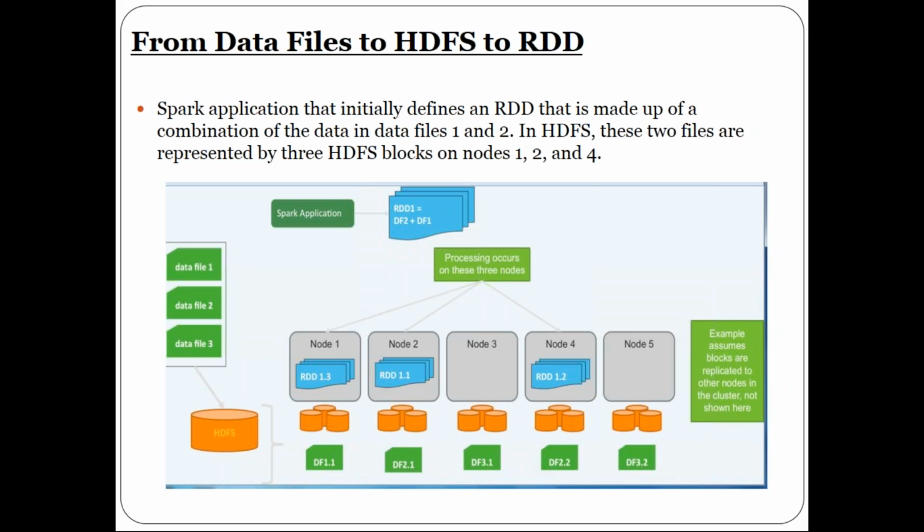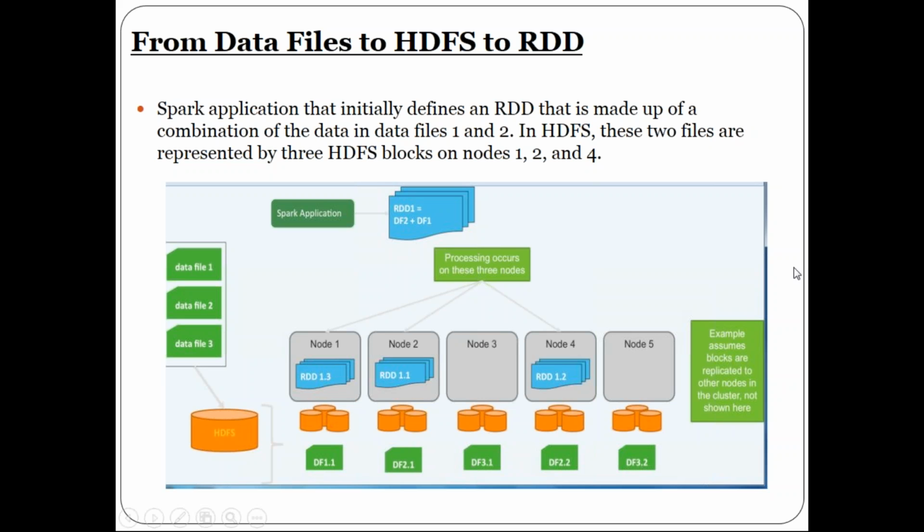In this diagram, your data file 1 is sitting in node 1. Your data file 1 is also sitting in node 2. Your data file 2 is also sitting in node 4. Now let's understand how this data file 1 and 2 will be read as an RDD to the Spark cluster.